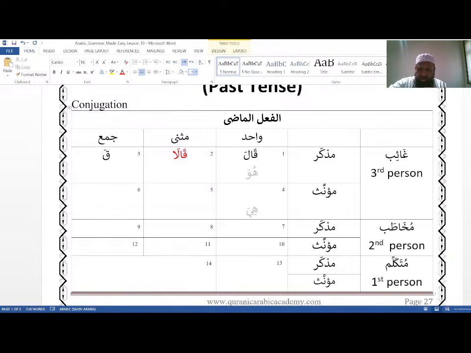For jama mudhakkar, third person, we need the waw, the damir. But before waw demands dhamma, we put dhamma. Qalu, the alif is written with it. Then to make it muannas, we need the sakin, qalat.